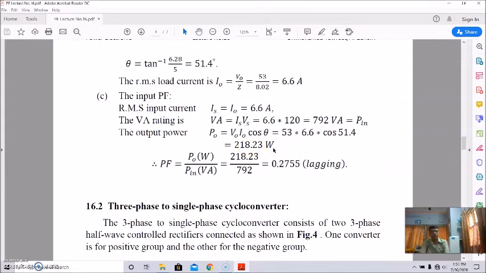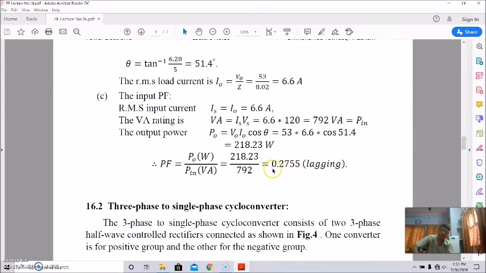So ultimately you will get power factor equal to P by S. This is the active power and this is volt ampere. So 218.23 watt by 792. How much is it coming? This is actually 0.2755 lagging.